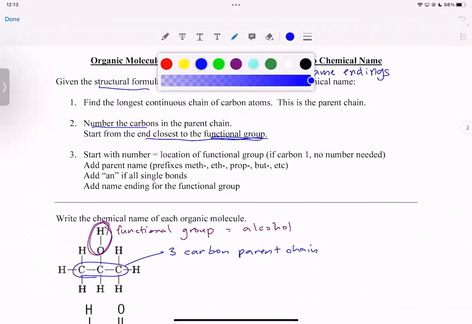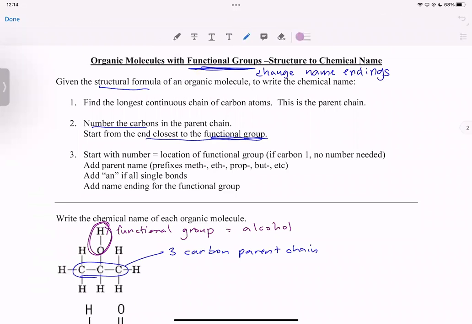Just like a double bond or triple bond or branch is different, the functional group is something different, and you want the functional group to have the lowest possible number. Okay, so that's why you number from where there's something going on. So whether you number left to right or right to left, that functional group will be on carbon number 2. Okay, so that's carbon number 2 right there that functional group is coming off of.